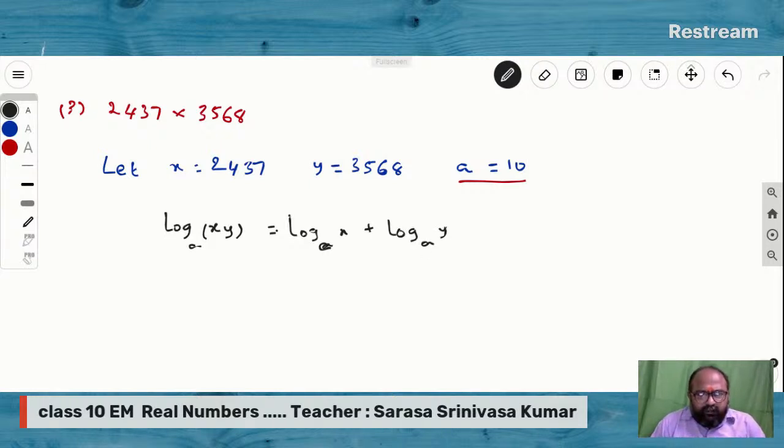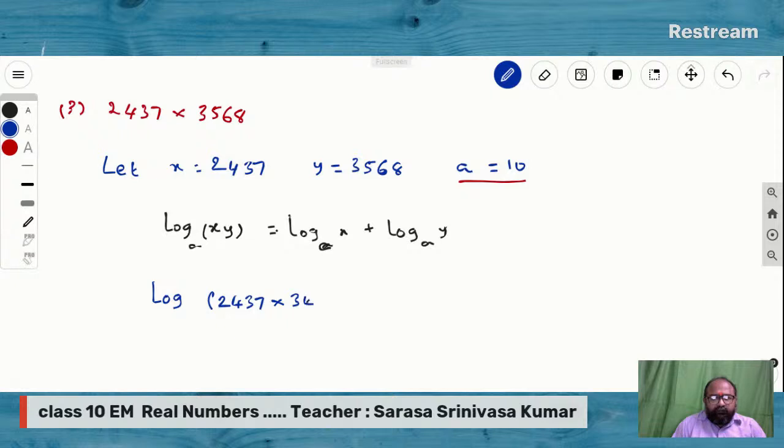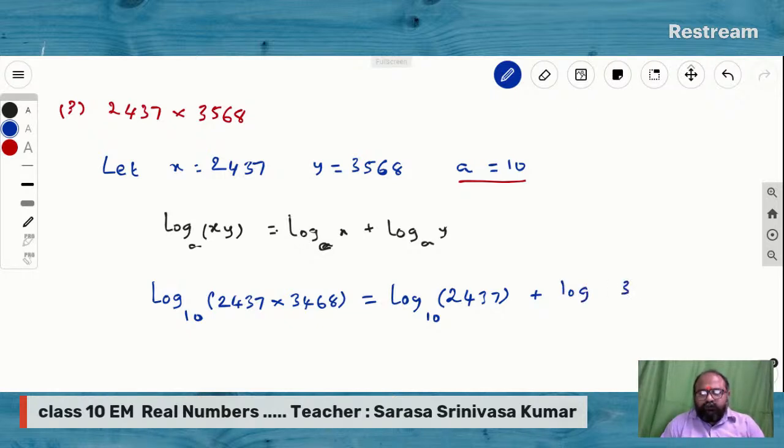So using this formula we can write logarithm of 2437 multiplied by 3468 to the base 10 equal to logarithm of 2437 to the base 10 plus logarithm of 3468 to the base 10.